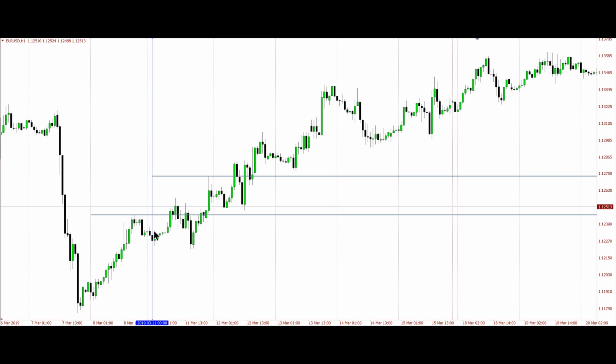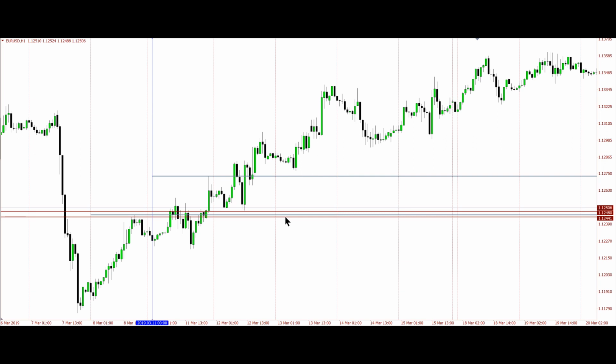Okay, so that's that Monday in here. The gap between the 45 and 48 level, well, I actually have it on the chart already.